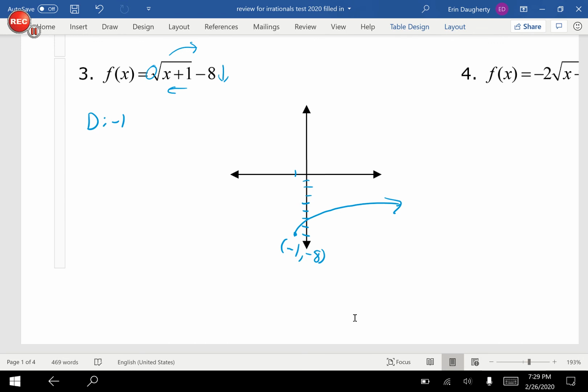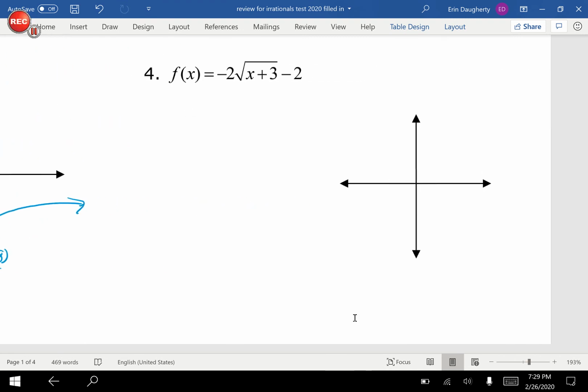Okay, and so we're going to end up with -1 less than or equal to x, which is less than infinity. Now our range is going to start off with our y value, which is -8, less than or equal to y, which is less than positive infinity. Okay, because we're going to continue on to positive infinity.